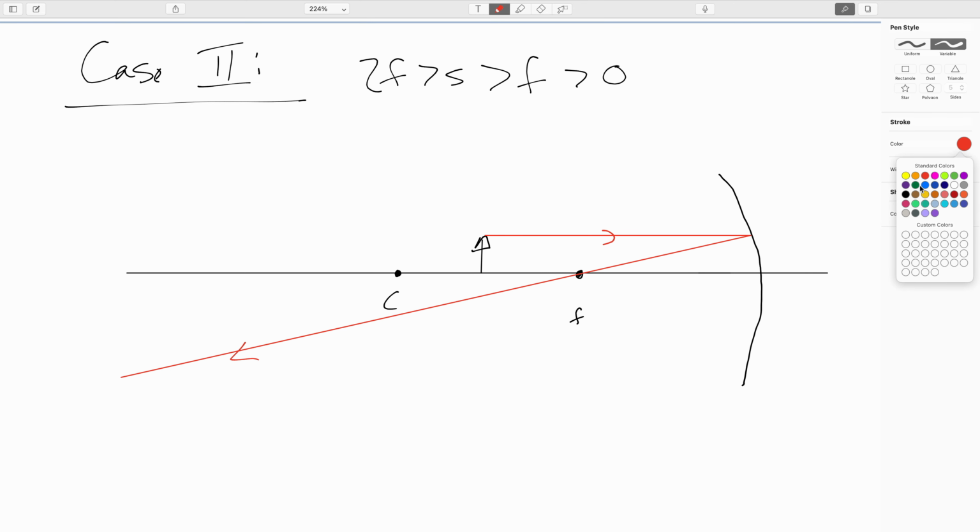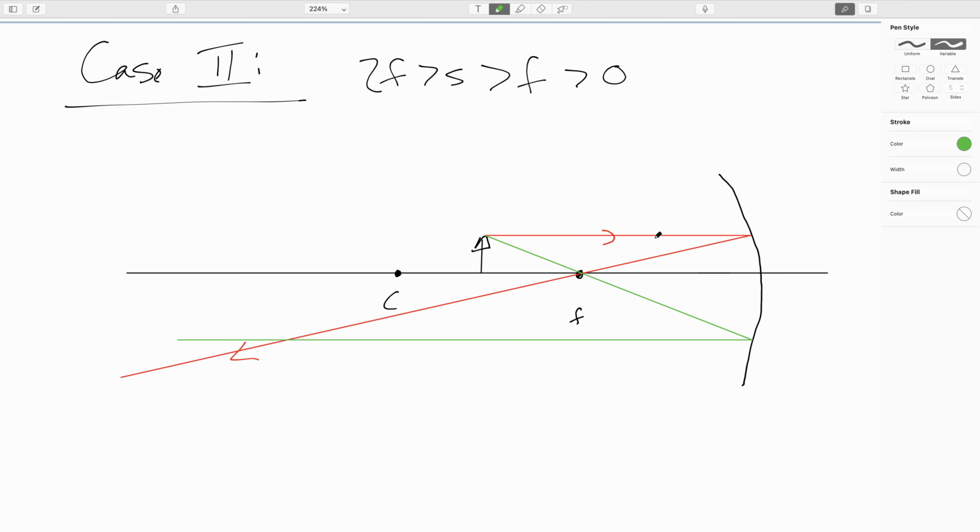The focal ray will still reflect back parallel. There we go. And then the central ray, again, you can locate the point it's going to want to go through by saying as above, so below.